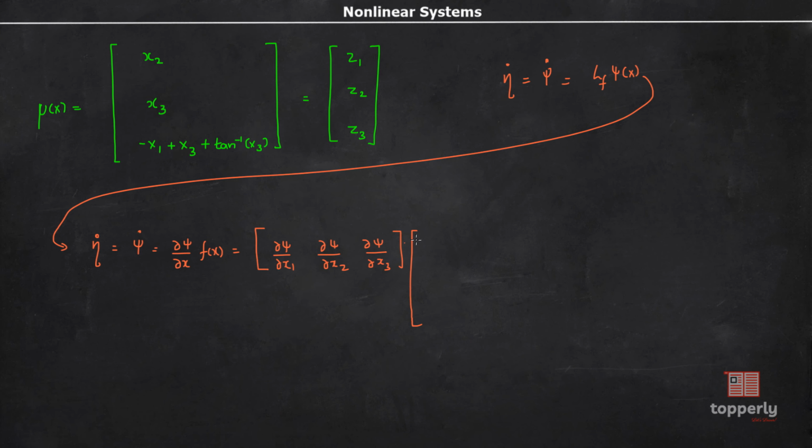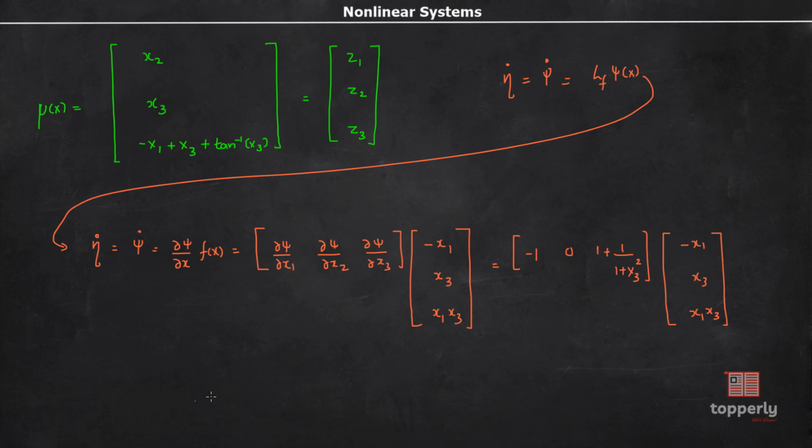Therefore, dou psi by dou x1 is minus 1, dou psi by dou x2 is 0, and dou psi by dou x3 is 1 plus 1 by 1 plus x3 square, into f of x, which is minus x1, x3, x1, x3.